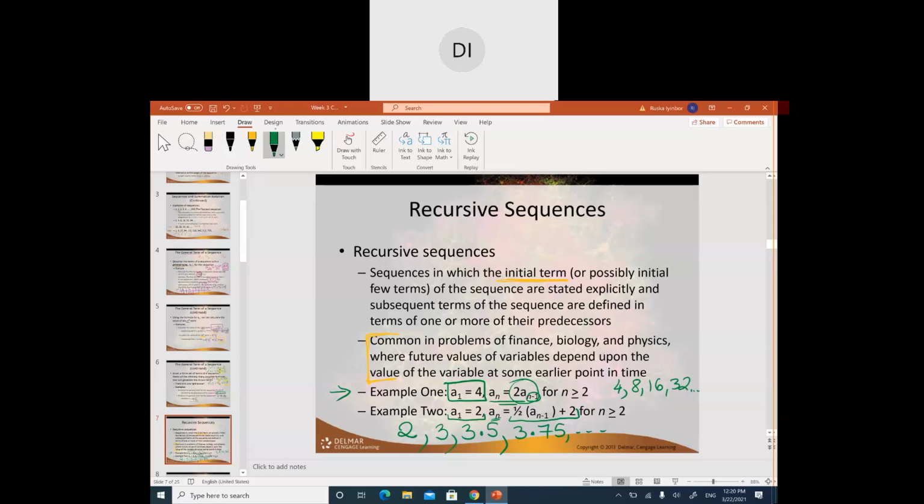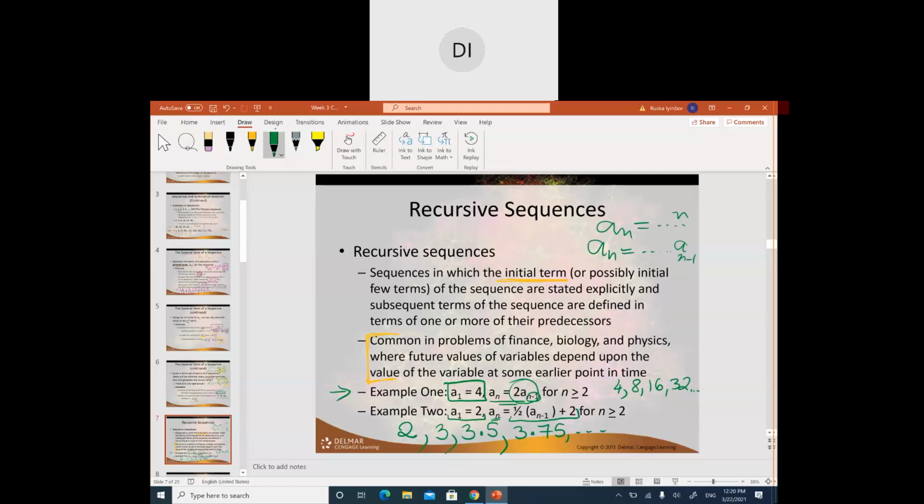So you're going to have a_n, and then you're going to have something with n. And another formula for sequences, if you have a recursive sequence, which means going back to the previous term. So you have a_n equals, and here you're going to have a formula which is going to include a_(n-1), which is the previous term.